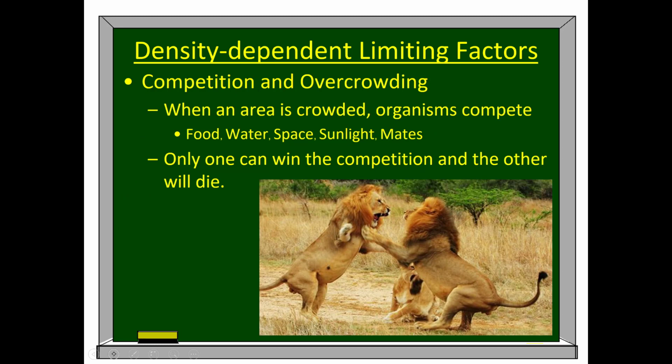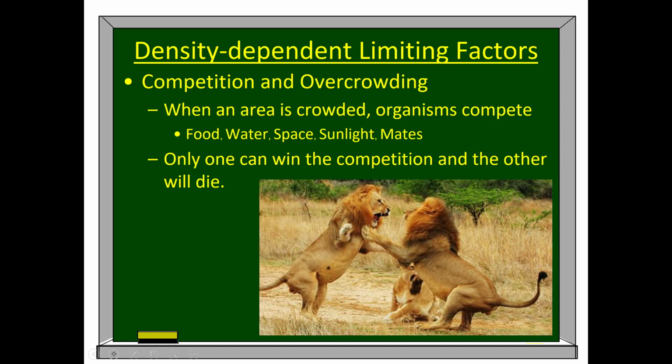Now, the first type of density-dependent limiting factor we're going to look at is competition and overcrowding. When you think of an area being crowded, organisms are going to start competing for things. If there are too many individuals, there's not going to be enough resources like food, water, space, sunlight, mates. So they're going to start competing for those things.